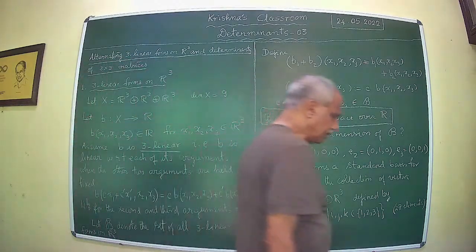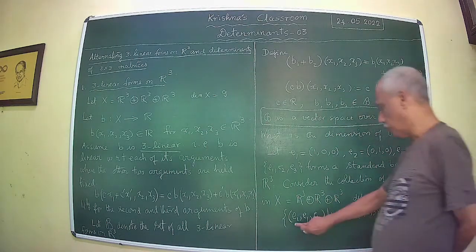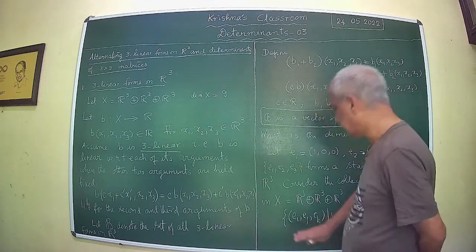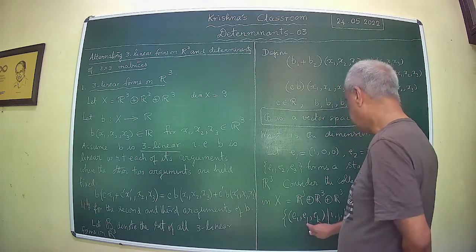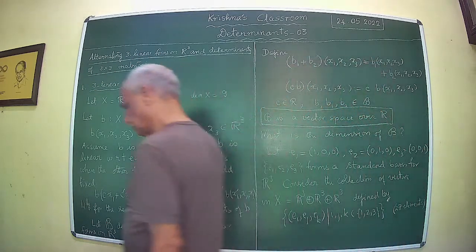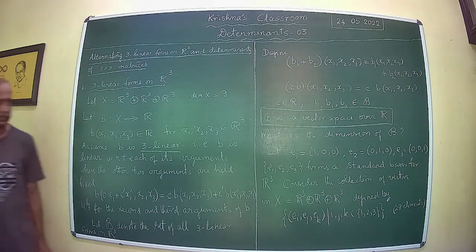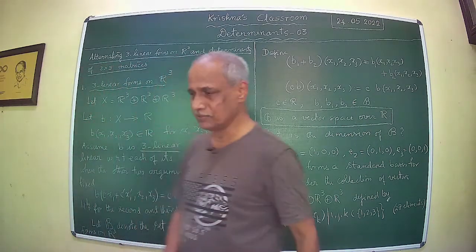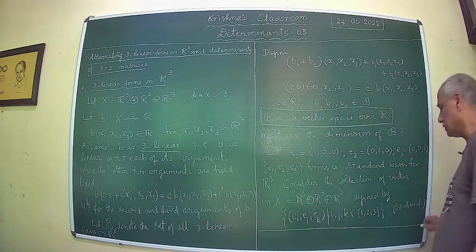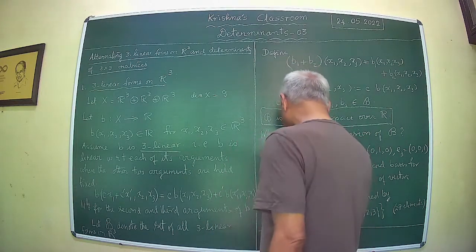Now what we want to assert is that if we know the value of a given B at E_i, E_j, E_k for all i, j, k, then B is completely determined. Okay, so that's the first statement.